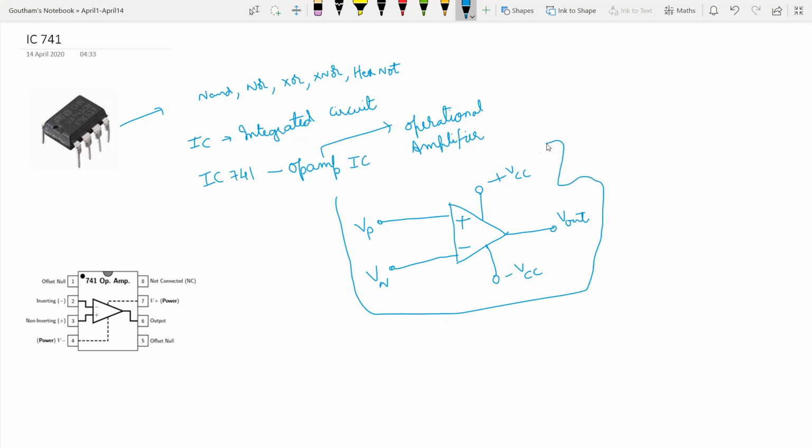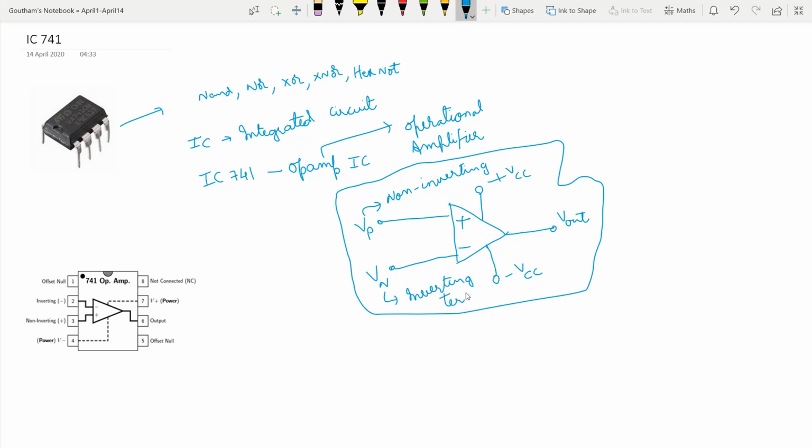Any generic op amp will have these terminals. The VP terminal is also called the non-inverting terminal, and VN is also called the inverting terminal.